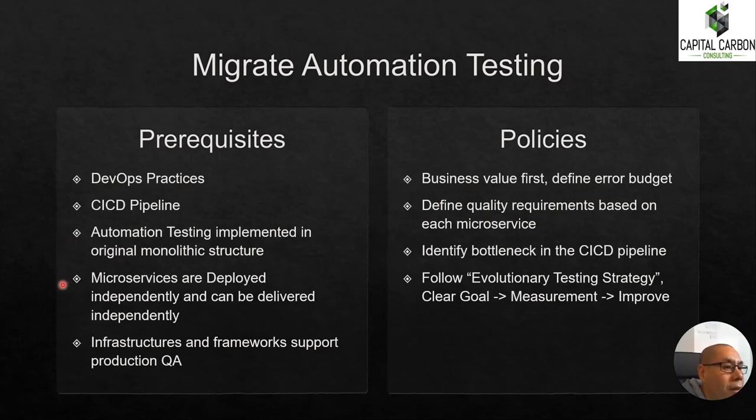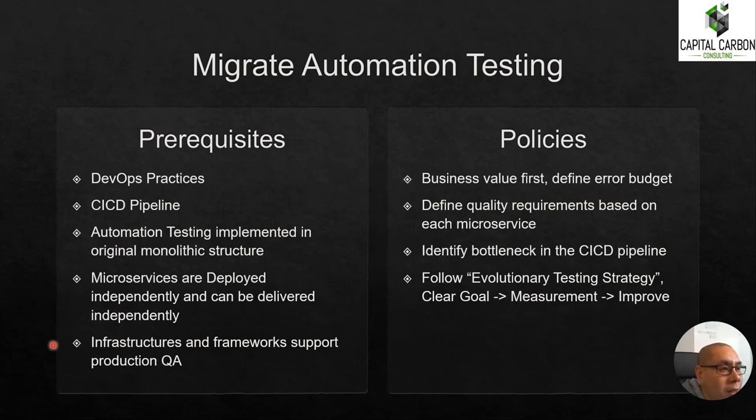Okay, and the next thing, you need to plan and architect your microservices well. So microservices should be deployed independently and can be delivered independently. Okay, and the last thing, you need to have the infrastructures and the frameworks which support the production QA.